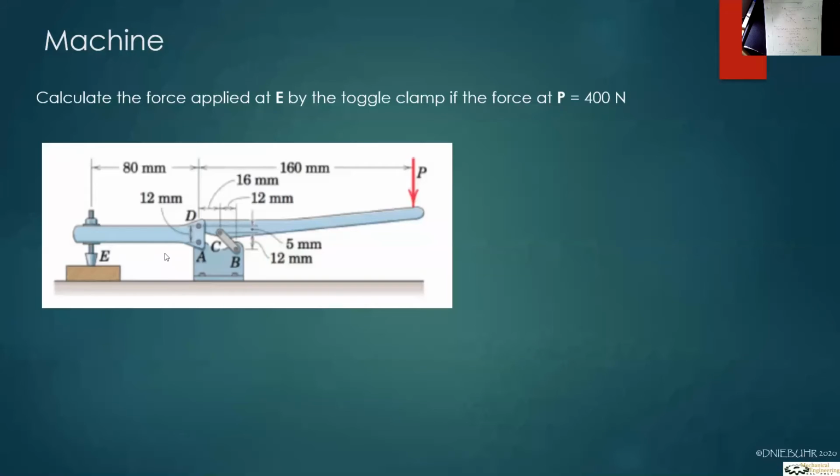You can see that you have 160 millimeters, you have 80. So it makes sense that if you put in half the force, and that's about half the distance, then you're going to get about double. So that's about right. Any questions on that?